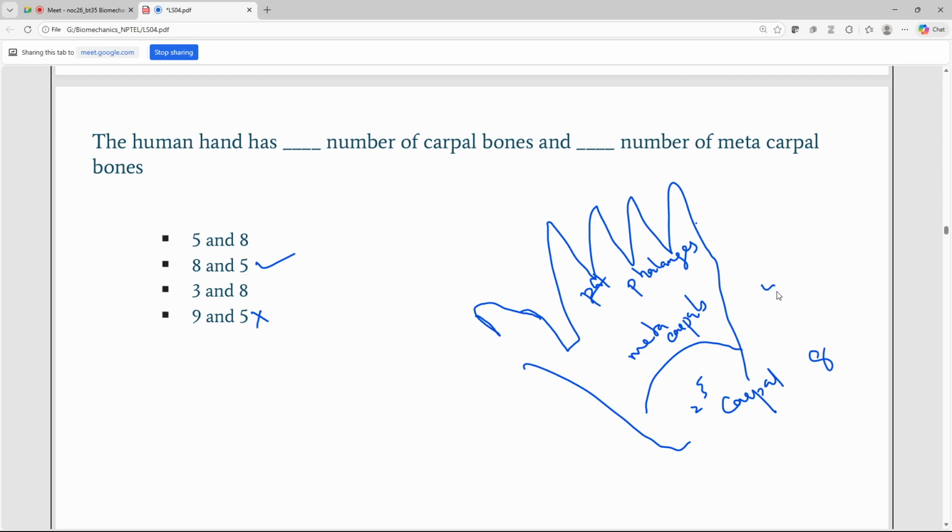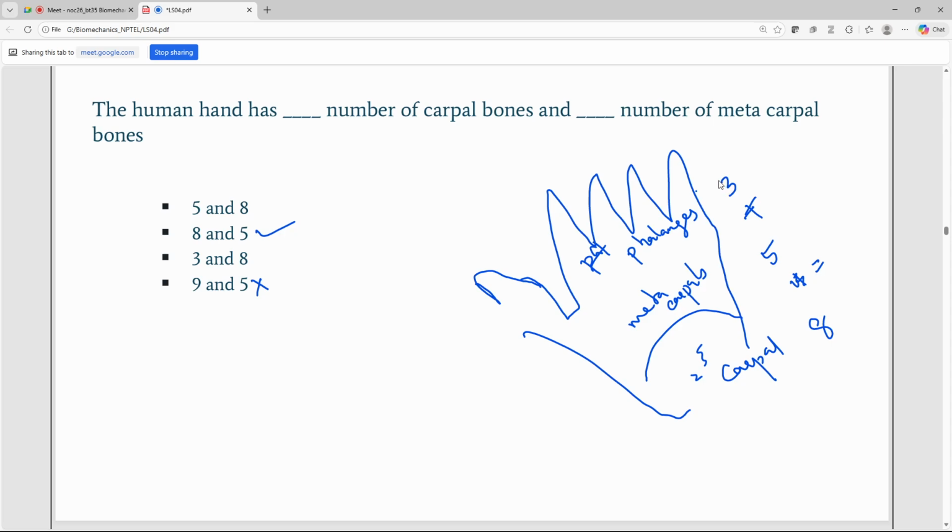Carpal has 8, this is 5, this is 3. So you can just make an equation: 5 plus 3 is equal to 8. If you are counting from the distal point, you have 3 phalanges and there will be 5 metacarpals, which add up to the 8 carpals. You can memorize it as 8 carpal, 5 metacarpal, 3 phalanges, or in reverse order.